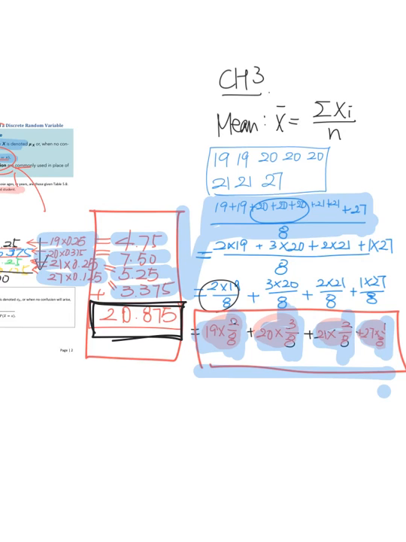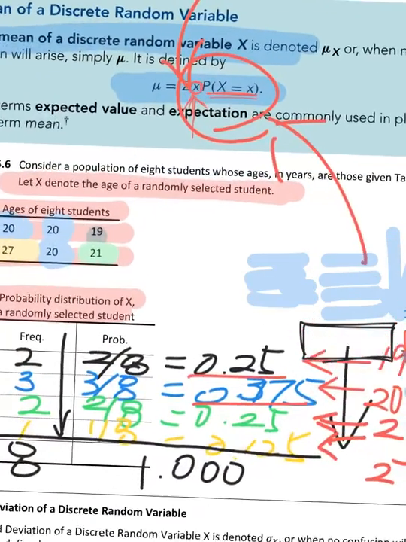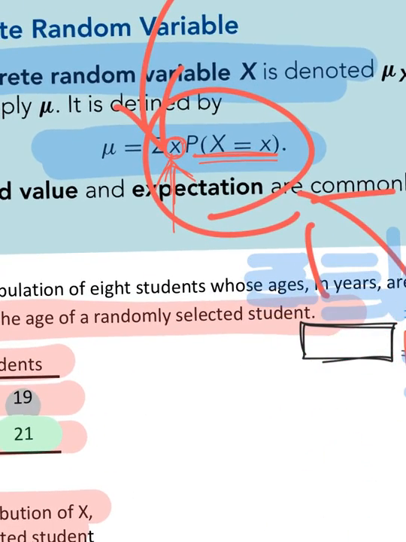What I want to say, before we took the mean, as usual, take the sum divided by 8. That is exactly the same as this one. But what's the difference?